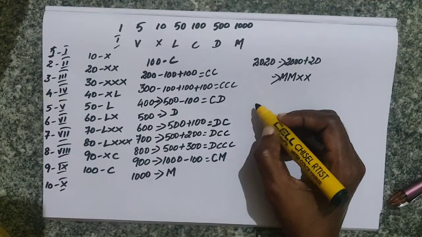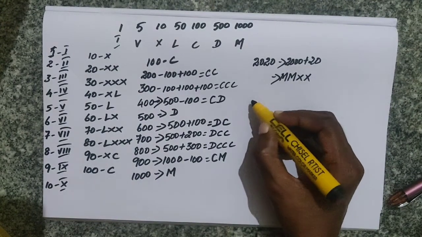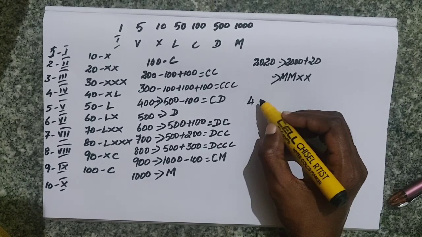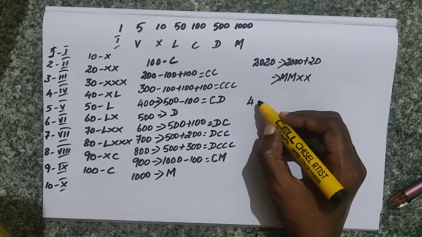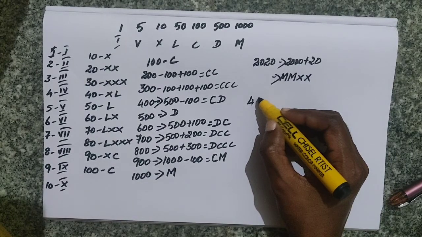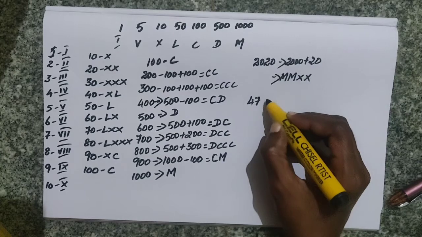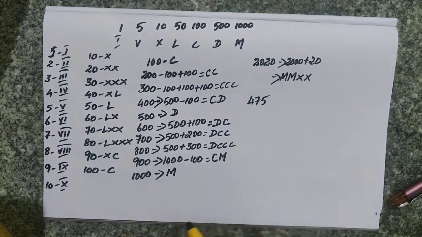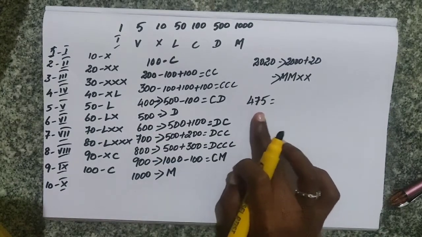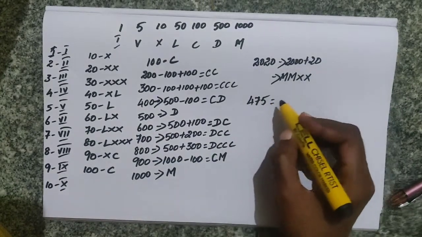Suppose any other number, 475. How can we write it? According to the place value, write the number.